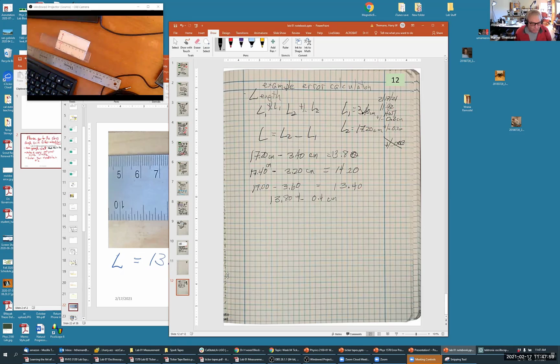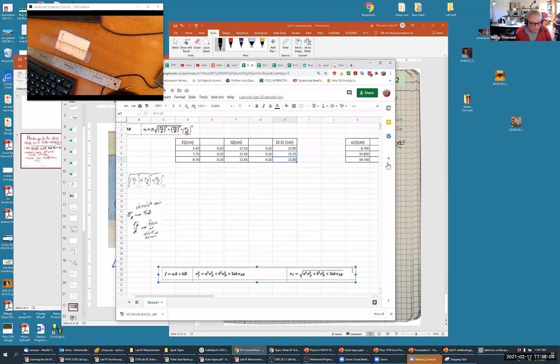Let me copy it: control C, error propagation short form. And these formulas here, I talked about a little bit last time, I think. I use this table when I write a paper, and so we're going to use this one here.